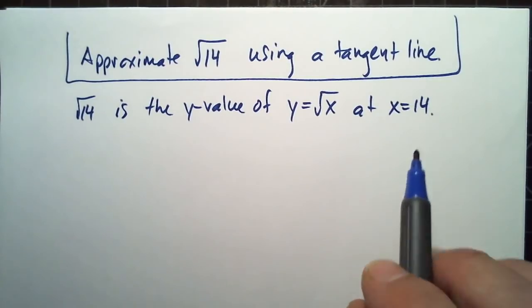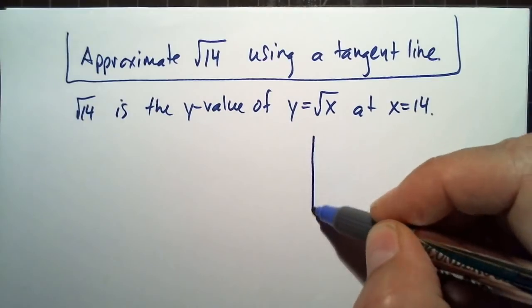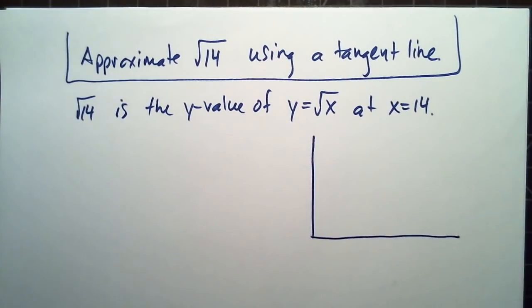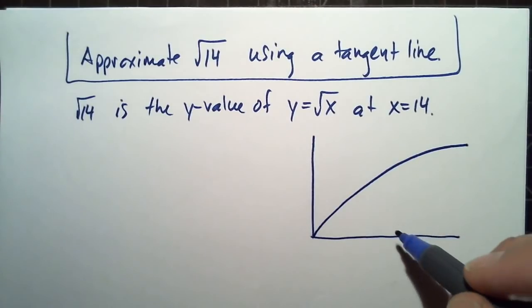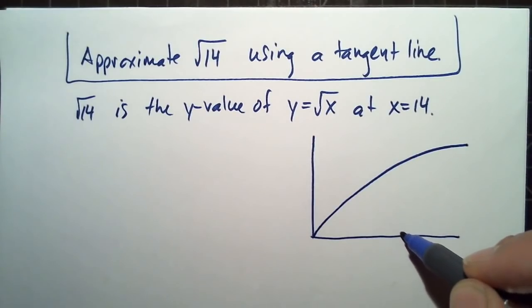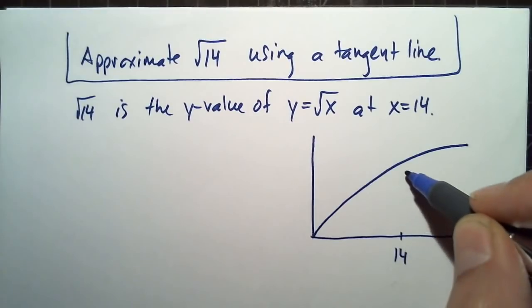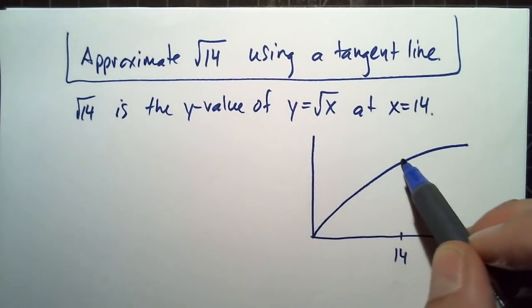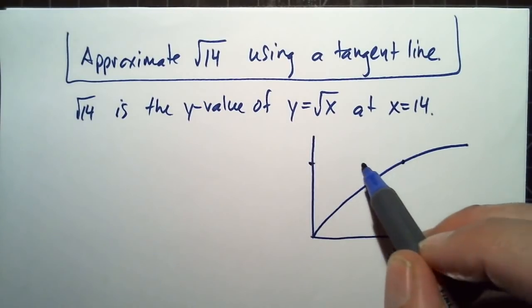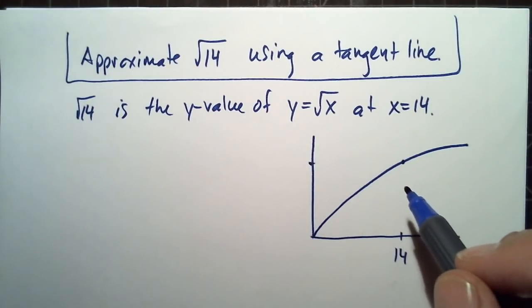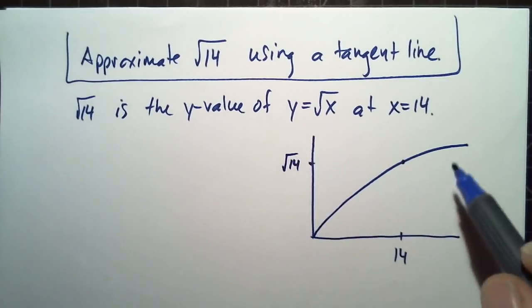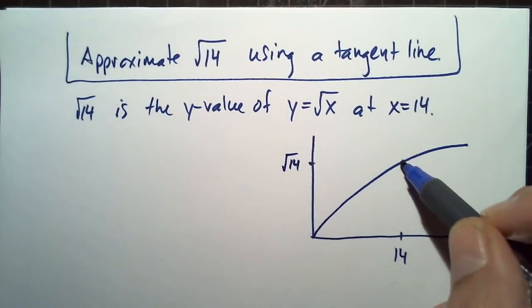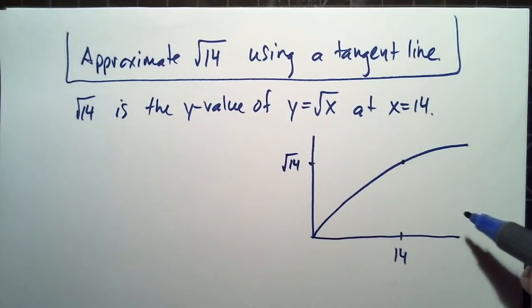So let's think of the graph, and we have radical x, so it's going like this, and let's just say that we want to know what's the y value at 14, what is radical 14.